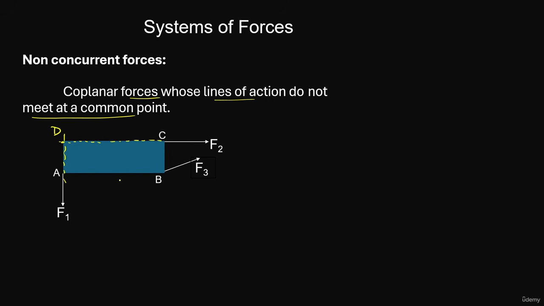Let's call it D. And if I extend F1 further down and F3 towards the left side, I can see F1 and F3 are intersecting at point E. So multiple intersecting points we have got over here, and that's what makes the force system non-concurrent.